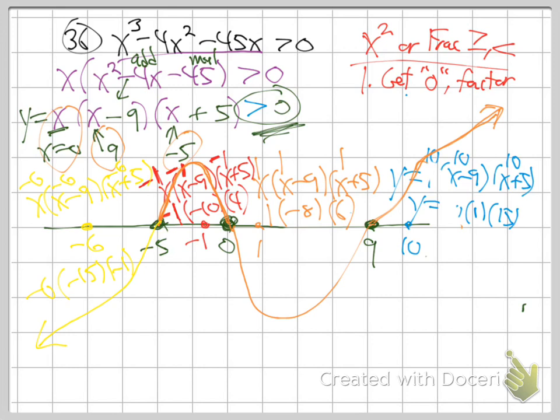You could have done the bounce pass-through thing also, end behavior. Remember that? We could have said, in the end, I know it's positive because the front biggest term is positive. So you plug in millions and billions and trillions, that term's going to dominate and take it positive. And these are all pass-through points. It's not going to bounce at any of those points.